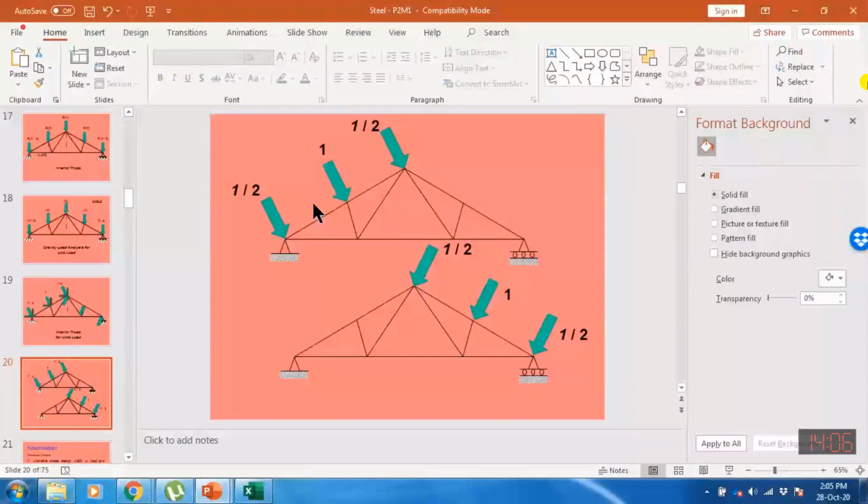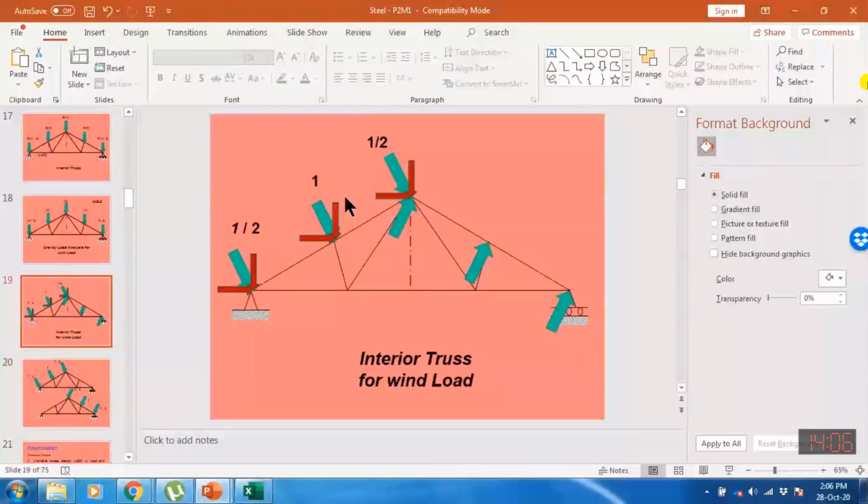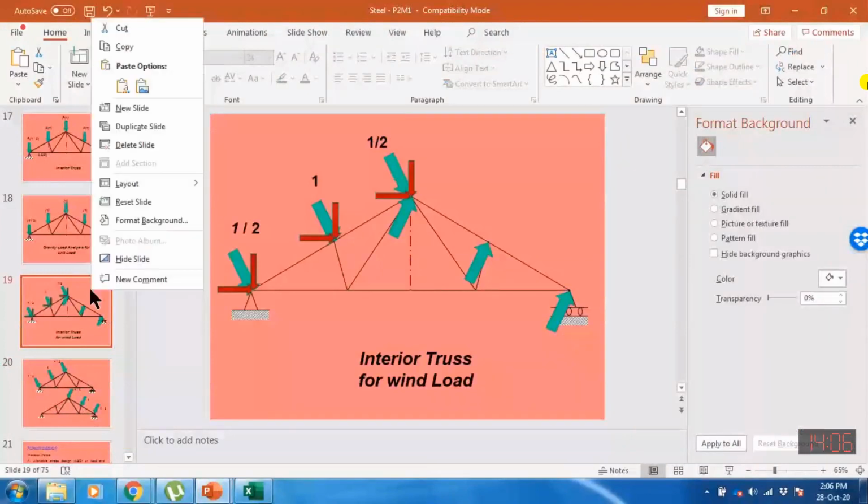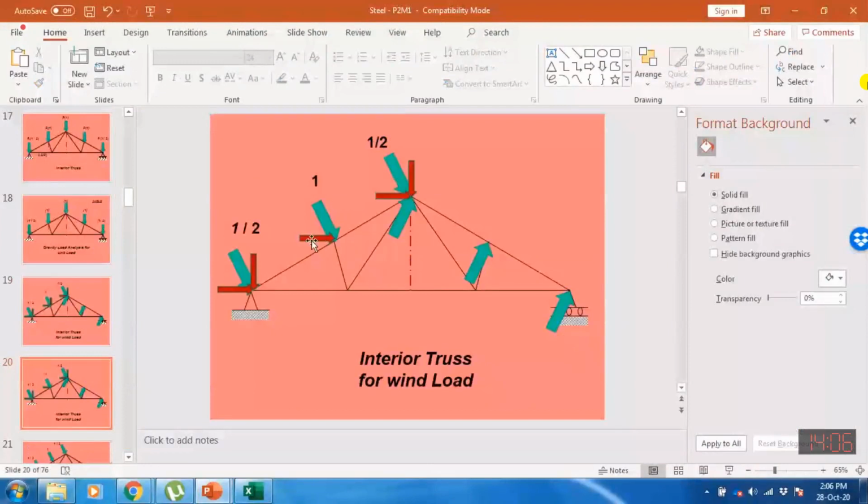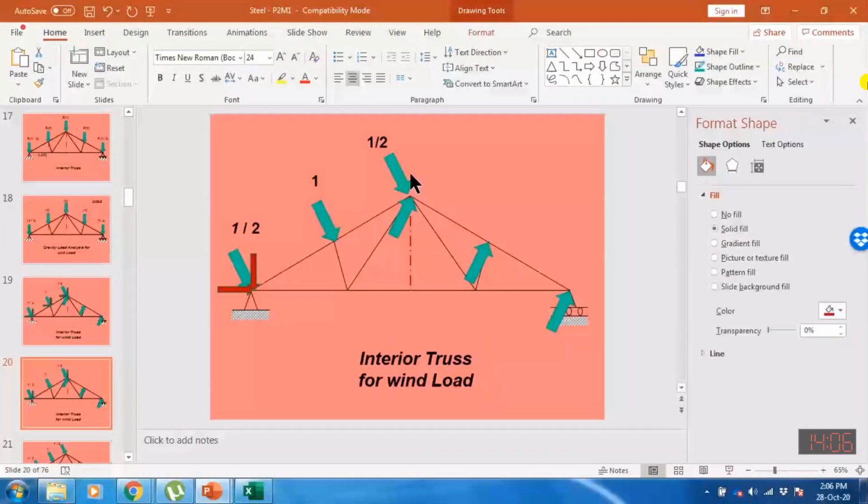So here, if I delete this component, actually on the truss, total force is acting like this.